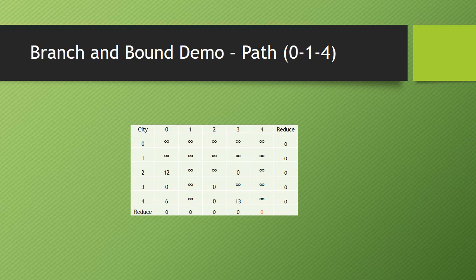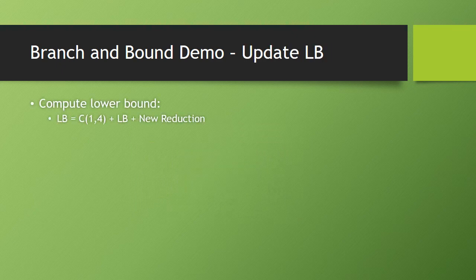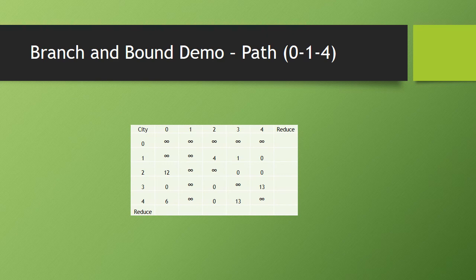And that gives us a new reduction value of 0. So now we look up the cost of traveling from 1 to 4, and the cost is 0.